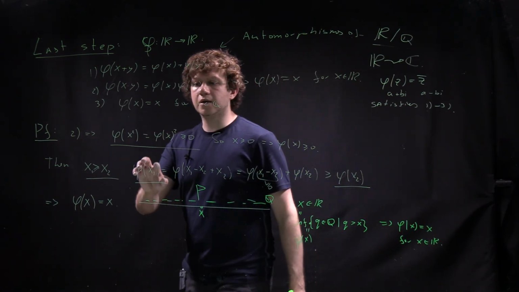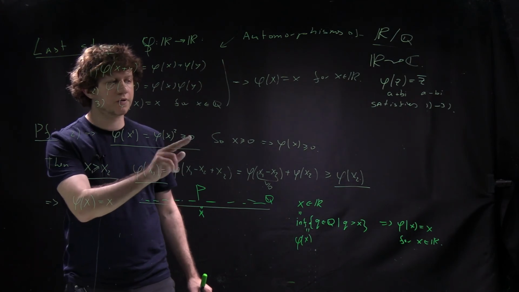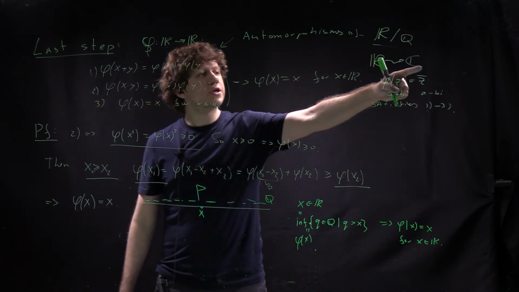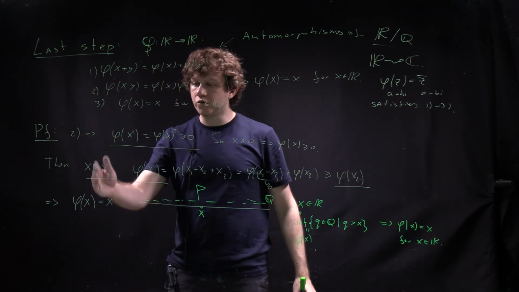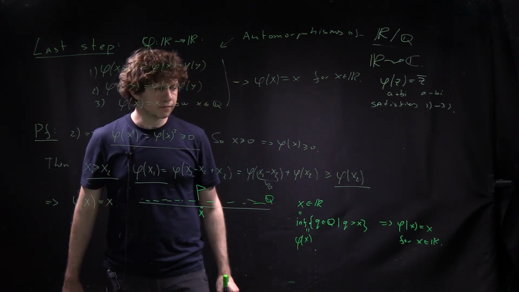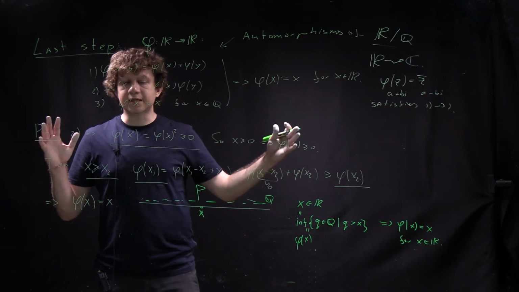So the key here is that phi of x squared is greater or equal than 0, and of course this fails for complex numbers. So this ordering argument doesn't work. Anyways, this is the conclusion.